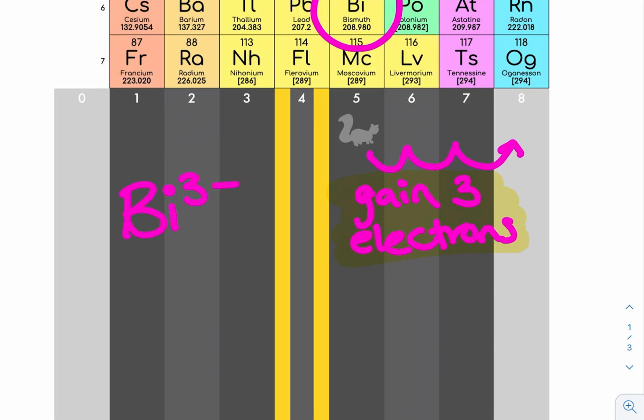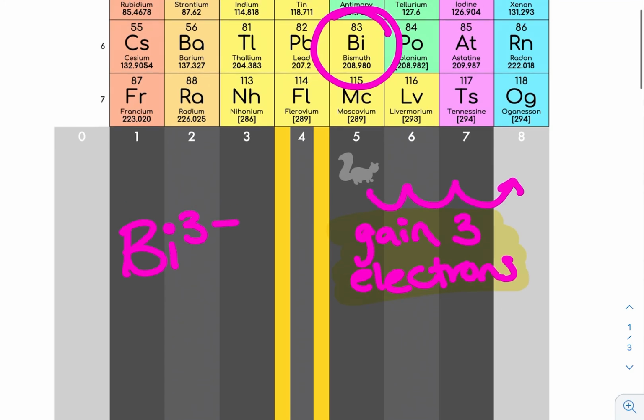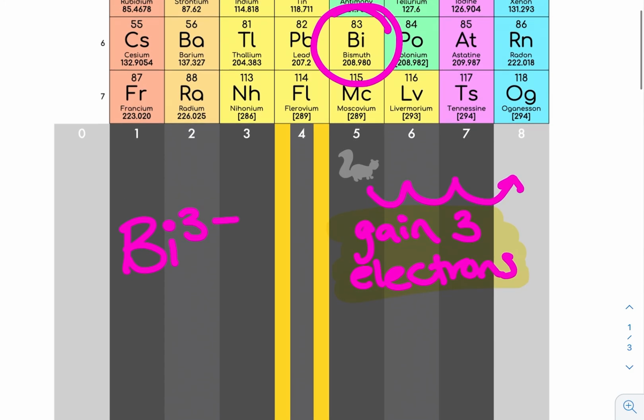If we were to do our electron configuration for bismuth, just as a neutral atom, it would look something like this. I'll use the abbreviated form so that I'm not spending a ton of time writing out the whole thing. We're going to see xenon 6s2. We're going to have to go through the F block, so 4f14.